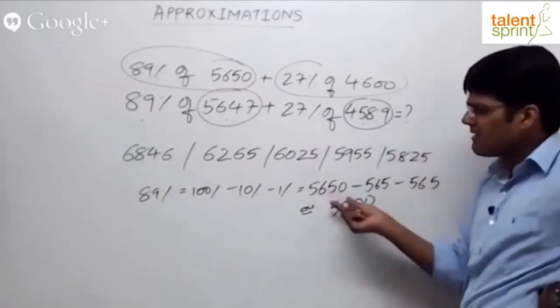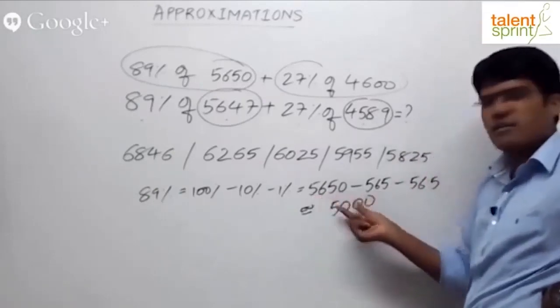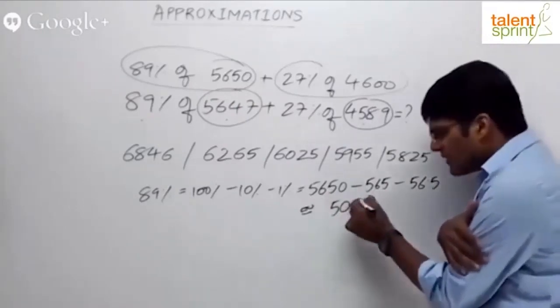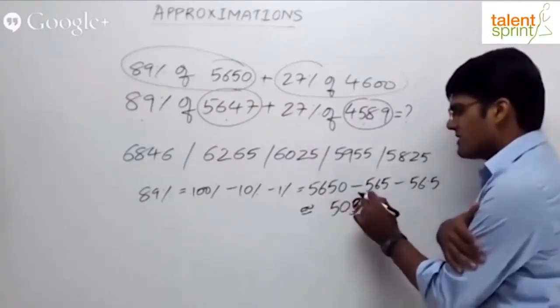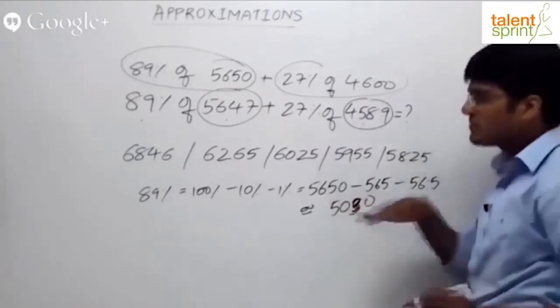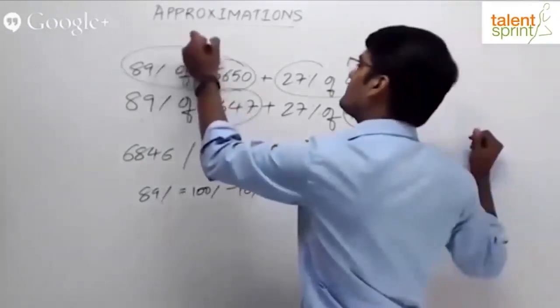So 5,650 minus 620 will be 5,030, if you want to go for a precise calculation. So that's the first part, 5,030.